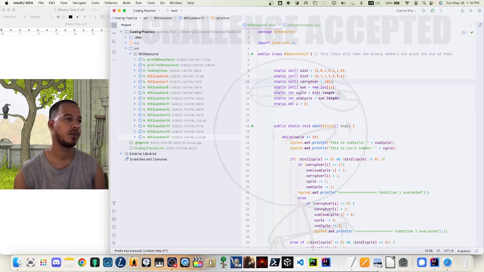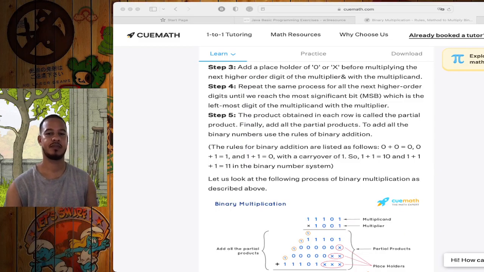Line 10, right here: carryover, index 0. Okay, so let's go ahead and switch.